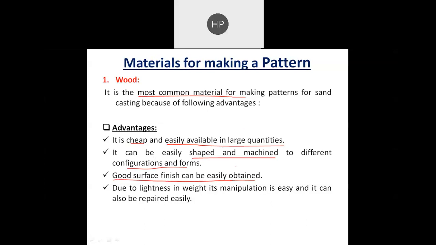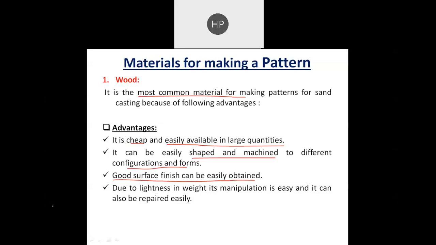If we do grinding and polishing operations, we can have a very good surface, which is easily obtained. We do not require any specialized machine to get that good surface finish. We can easily make it, so it will be cost effective.